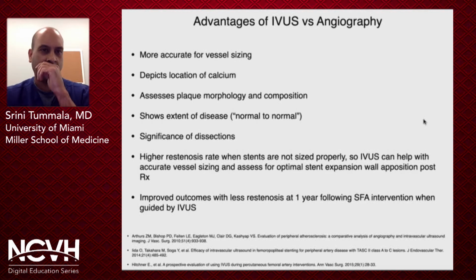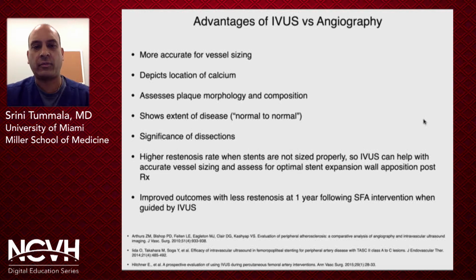But it does have many advantages compared to angiography. It's more accurate for vessel sizing and determining the true size of the artery being treated. It depicts the location of calcium and assesses plaque morphology and composition much better than angiography. It also shows you the extent of disease, because we want to treat normal to normal to improve patency rates. And the significance of dissections is much better shown with IVUS than angiography.